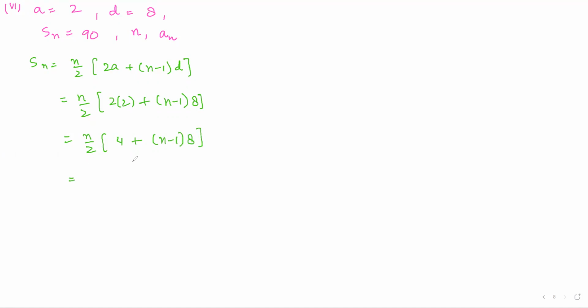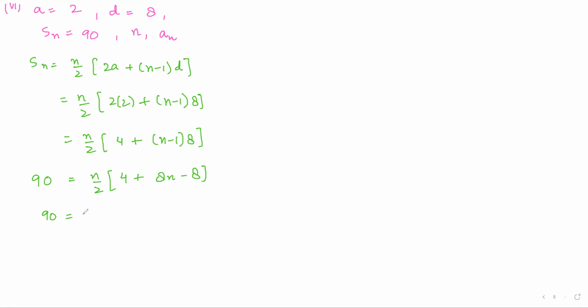So if you just try to solve it a little bit. Now Sn is actually given, that is 90, which I can put here. So 90 is equal to n by 2, then 4 plus, so you open the bracket, 8n minus of 8, right?